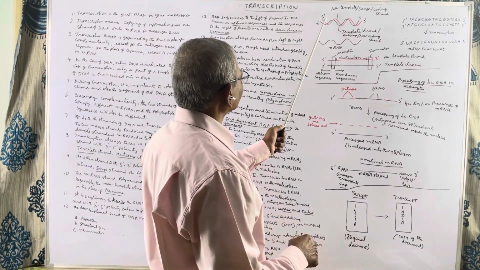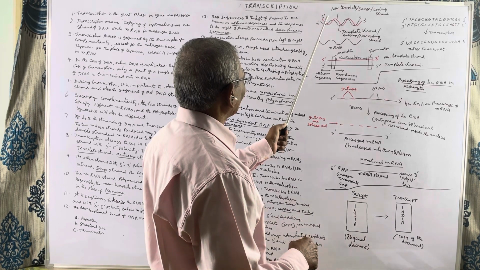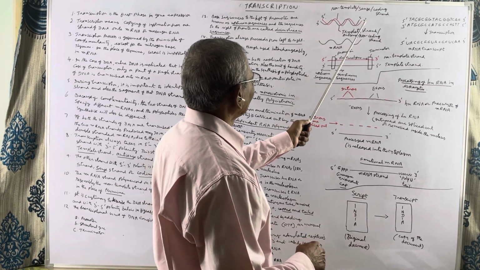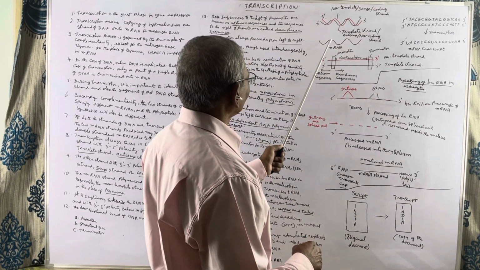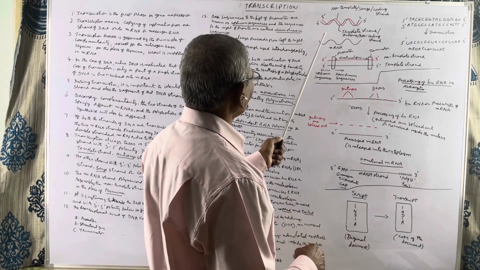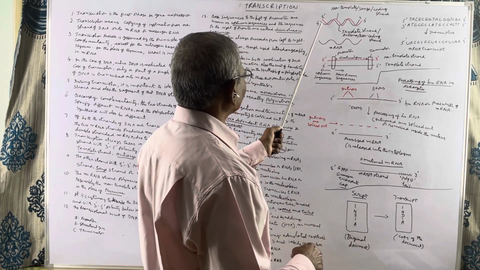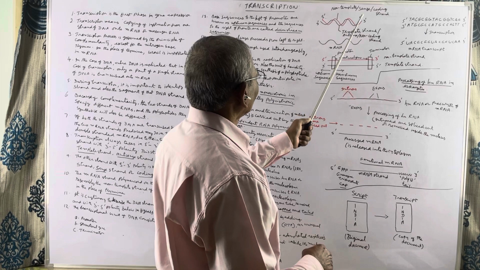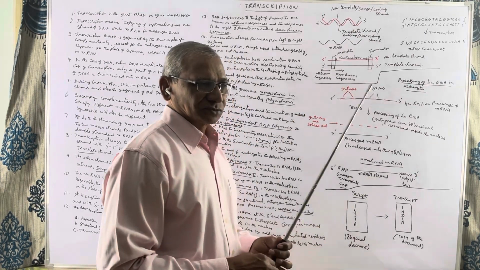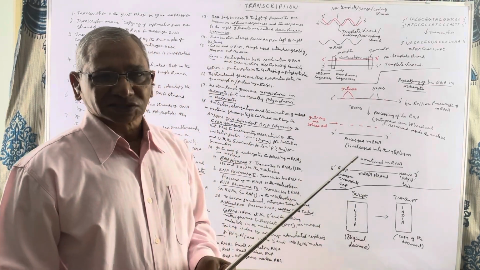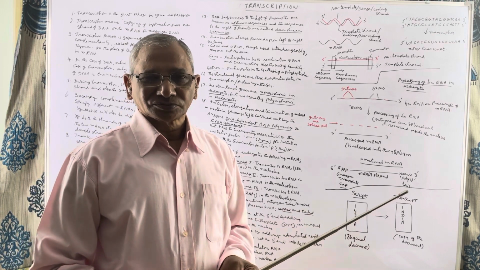Now, this strand drawn in red color has a polarity in the direction of 5-3. The strand drawn in black ink has a polarity of 3-5. There are some rules about transcription.